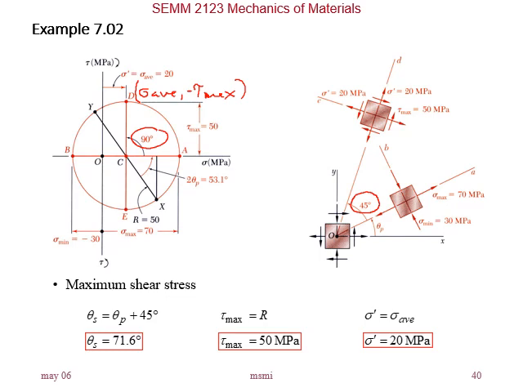Remember, this is going counterclockwise angle. This is also counterclockwise. So you get to this point here, right? And so on that plane, the plane towards D, you will have the average normal stress and tau max is negative or clockwise.